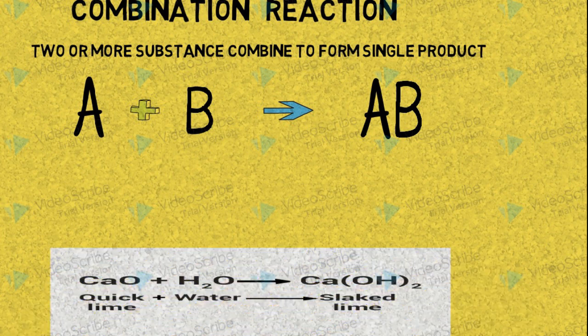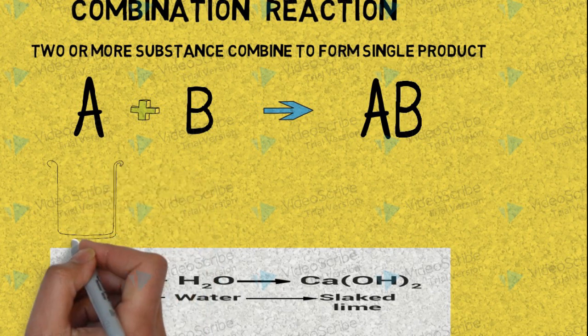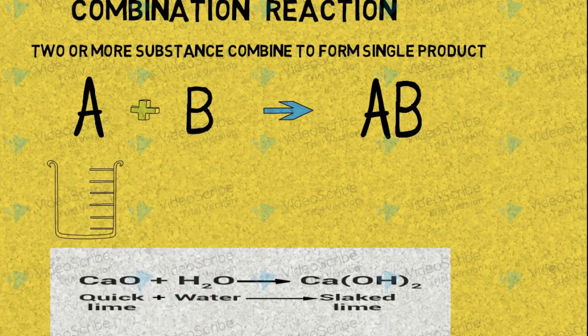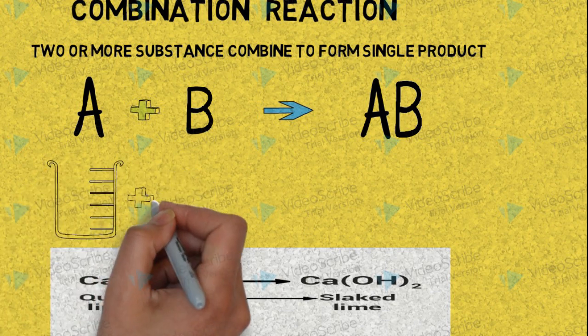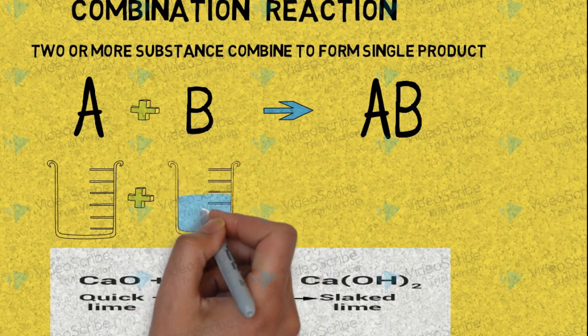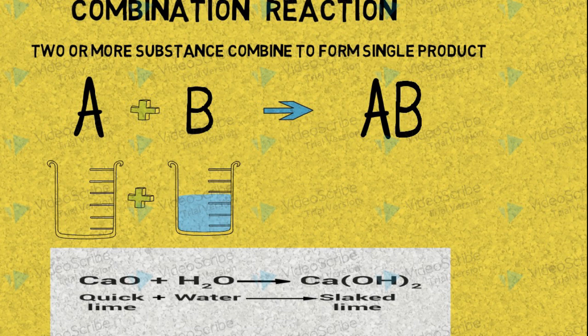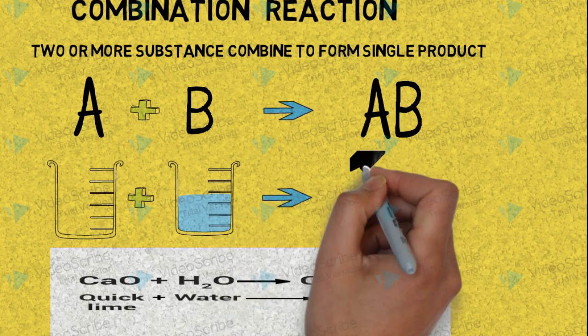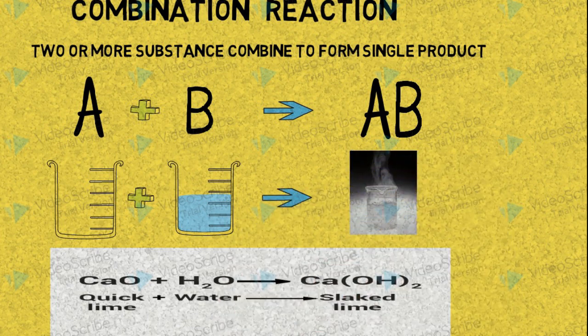Take a beaker and add calcium oxide into it, or quicklime. After that, take another beaker containing water. When you add water into calcium oxide, then a combined product of both calcium oxide and water is obtained, which is called calcium hydroxide.